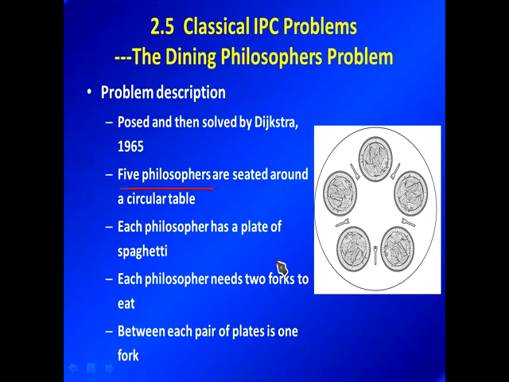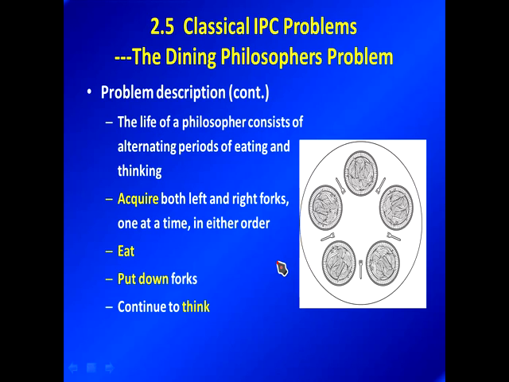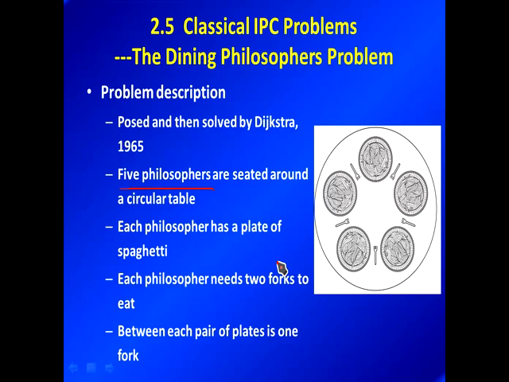You can see from this figure there are only 5 forks and there are 5 philosophers, and each philosopher needs 2 forks to eat. So it means this circled fork is shared by this philosopher and this philosopher, right? We suppose each philosopher sits in front of spaghetti.